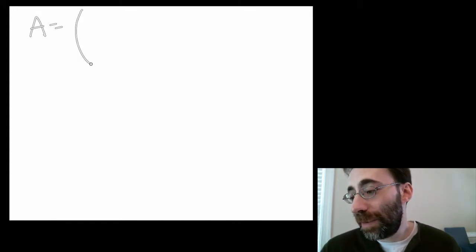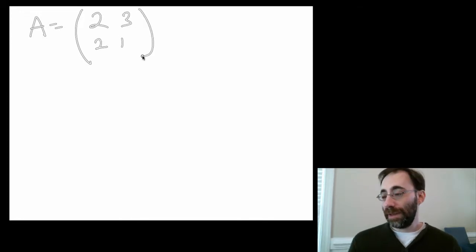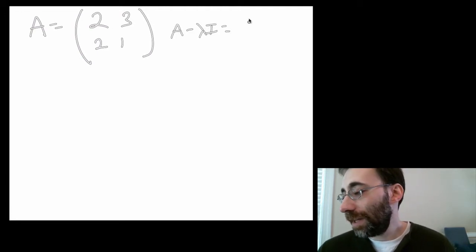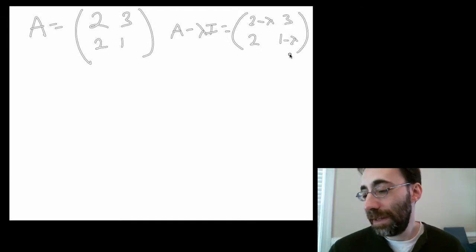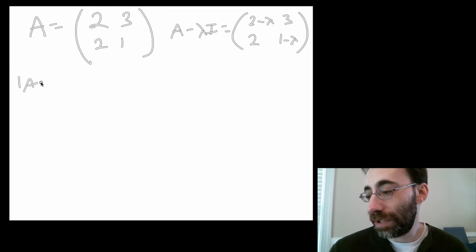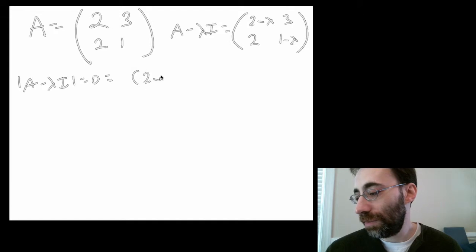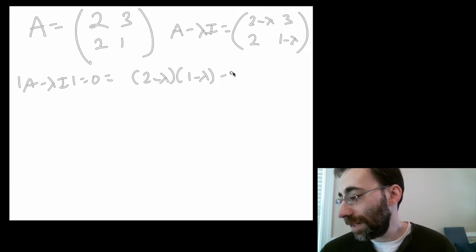Okay, so first 2x2. Here's our A. It's going to be 2, 3, 2, 1. Now A minus lambda I, we're going to construct, is going to be 2 minus lambda, 3, 2, and 1 minus lambda. The determinant, which is going to equal 0, is going to be 2 minus lambda times 1 minus lambda, minus 2 times 3, which is 6.